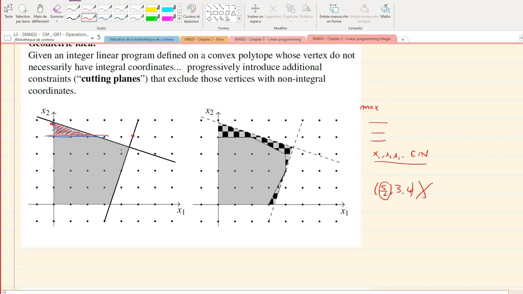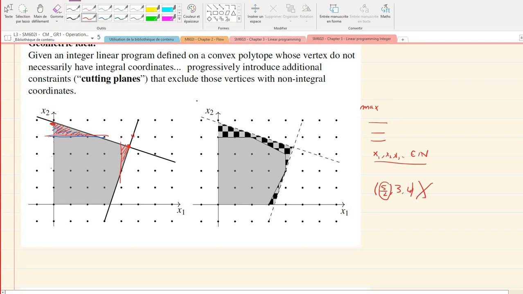Now maybe I find out that my solution is not here anymore, it's here, which doesn't have integer coordinates. So I will introduce a new cut, a new straight line, maybe in here, that will remove all this part that doesn't have integer coordinates, hoping again that my solution will be here, because that's a corner with integer coordinates.